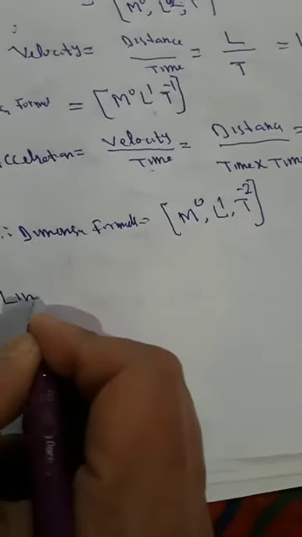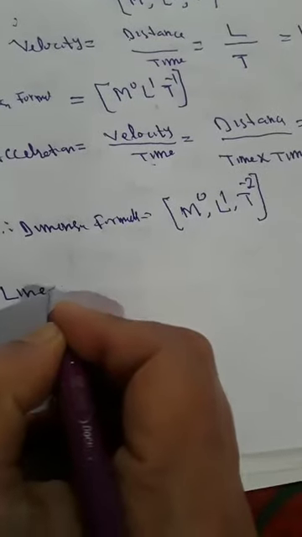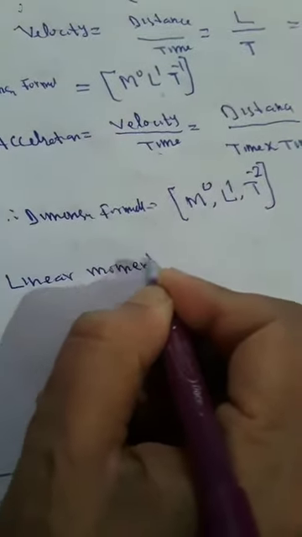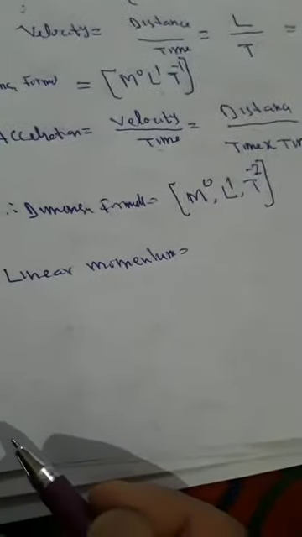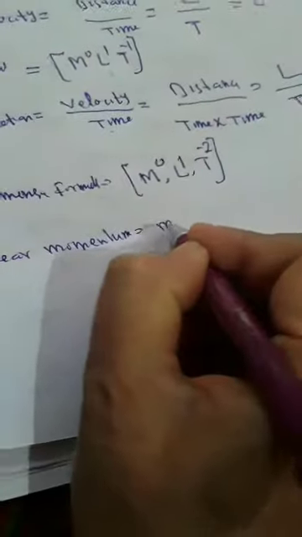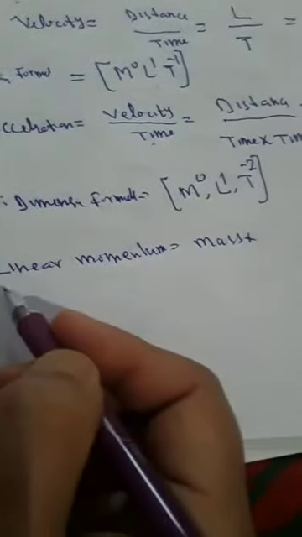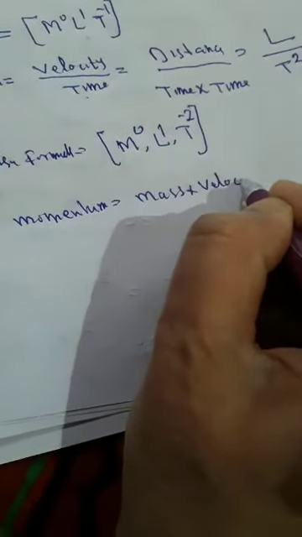Suppose we find out linear momentum. You know that momentum is a quantity of motion. Momentum is equal to mass into velocity. I do not have to explain linear momentum at this time; I have to find out the dimensional formula. Momentum is equal to mass into velocity.